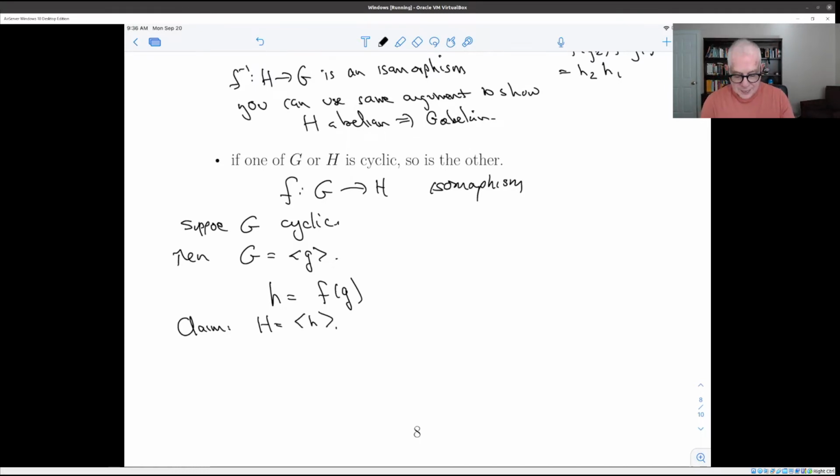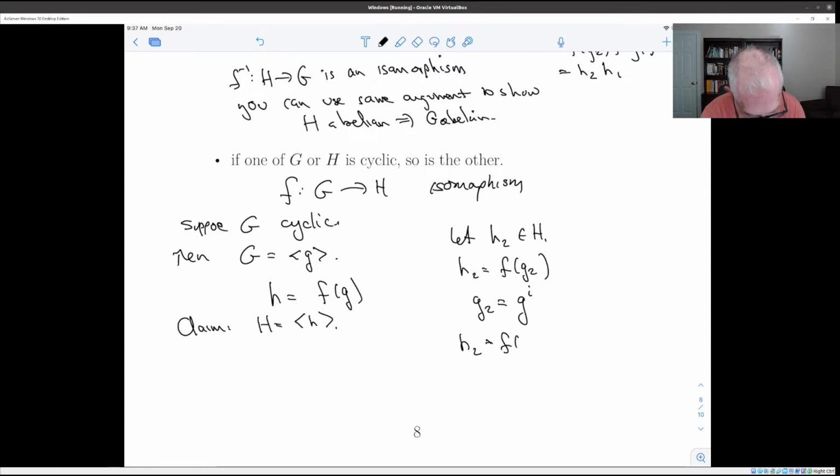And why is this true? Well, take any element. Let's let H2 be an element of H. Then we know that H2 is some F of G2 because we have a bijective map, so it's an onto map, so every element of H is in the image of F. But we know that G2 is g to some power i, because G is cyclic. So H2 is F of g to the i, which is F of g times F of g, i times.